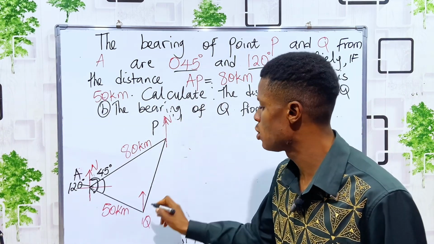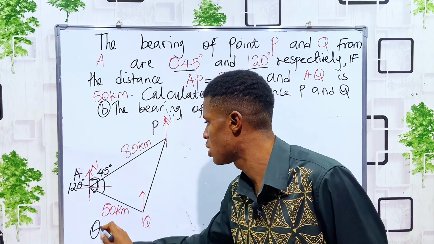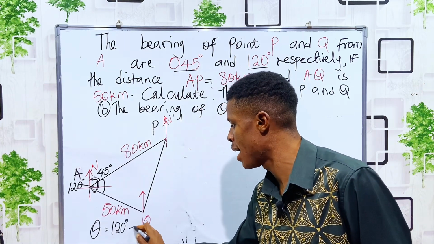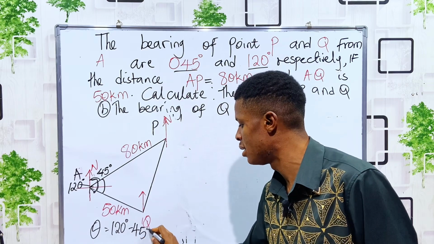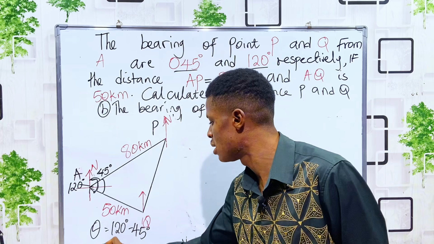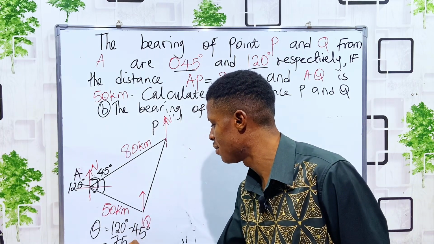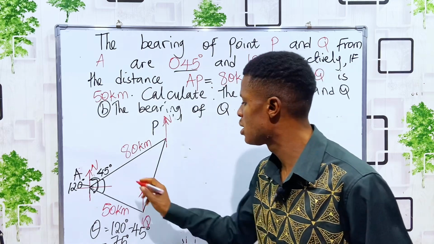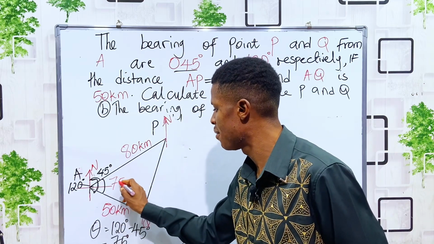So the angle, which is theta, is equal to 120 degrees minus 45 degrees. And 120 degrees minus 45 degrees is 75 degrees. So all we have to do is put the angle 75 degrees.